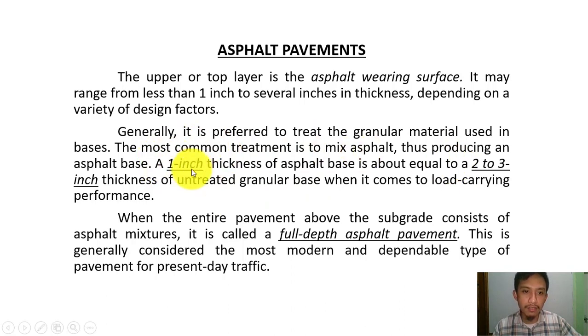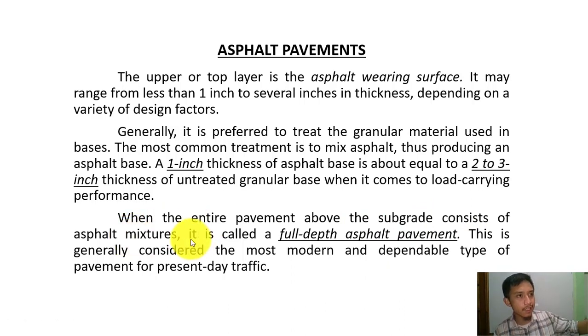So based on this, it says there that 1 inch of the thickness of asphalt treated base is almost equal to 2 to 3 inches of untreated granular base, okay, in terms of load carrying. So when the entire pavement above the subgrade consists of asphalt mixtures, it is called a full depth asphalt pavement. Okay, so when the entire pavement above the subgrade consists of asphalt mixture, it means there are layers.